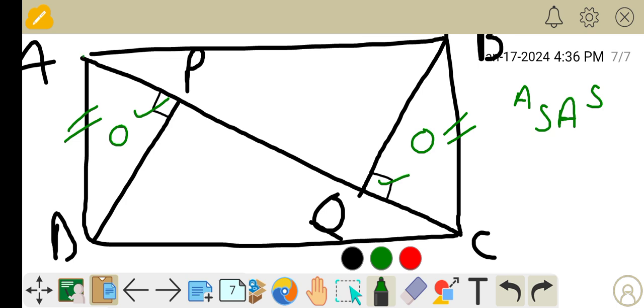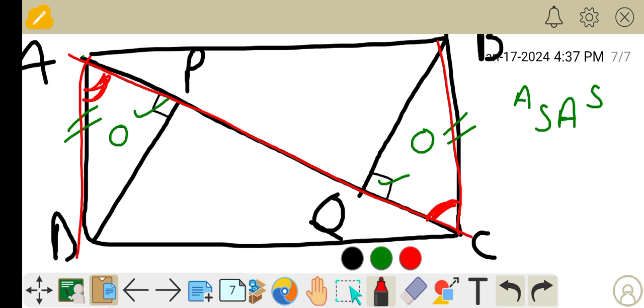If line AD is parallel to BC and line AC is a transversal, in that case angle DAP and angle DCQ should be equal.